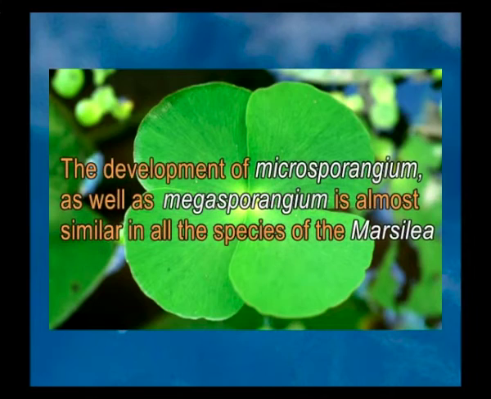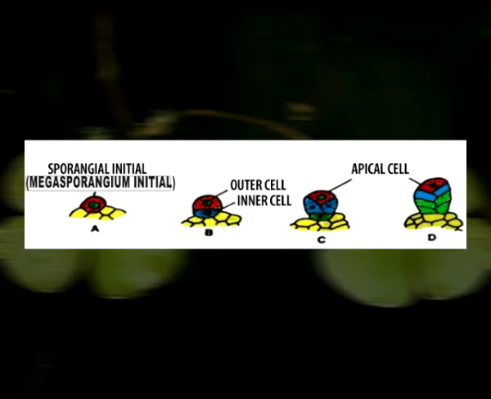Then development of microsporangium as well as megasporangium is almost similar in all the species of Marsilea. How does the development of the sporangia take place? One of the cells formed at the apex of the receptacle functions as megasporangial initial. It divides transversely, forming an outer cell and an inner cell.